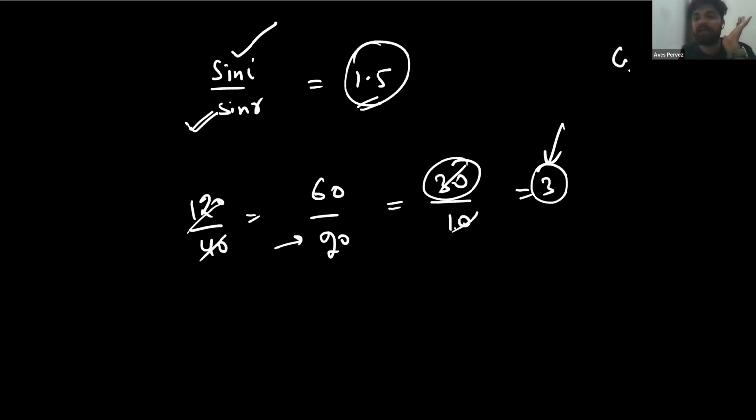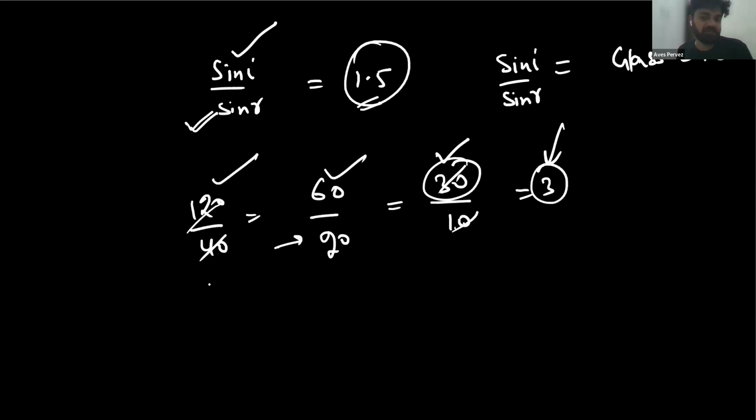For example, for glass the ratio of sine i by sine r is always constant, 1.5. Whatever value of I you take, R will accordingly shift. So if I increase the numerator, the denominator will automatically increase to keep this value constant.